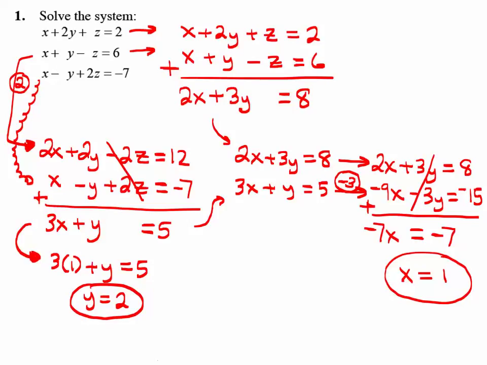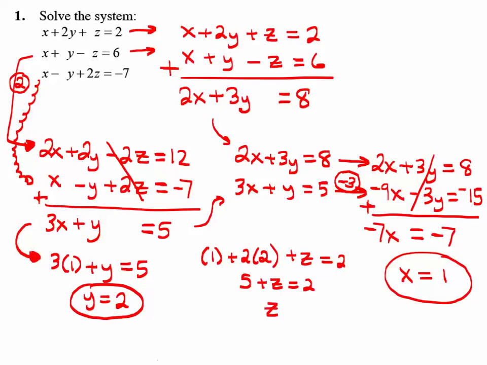Now I can finally go back and plug into one of my original equations, and it does not matter which one to get my z value. I'm going to choose the top. Top equation, x now is a 1 plus 2 times 2 for the y plus z is equal to 2. In this case, 4 plus 5, it's 5 on one side, still a 2 on the other.